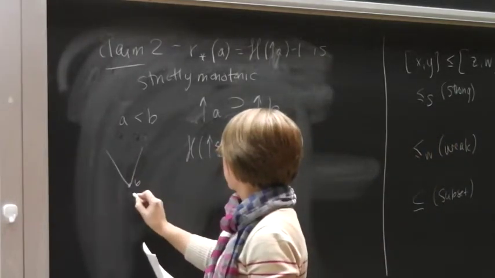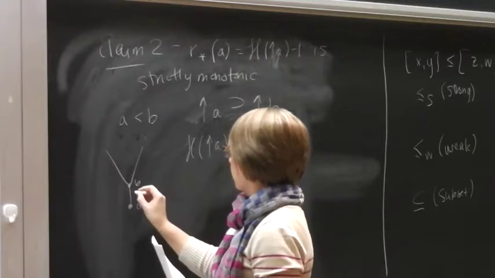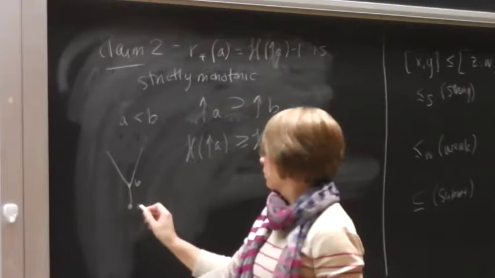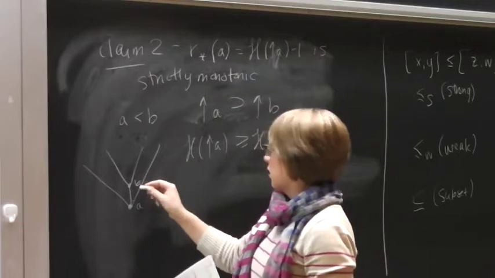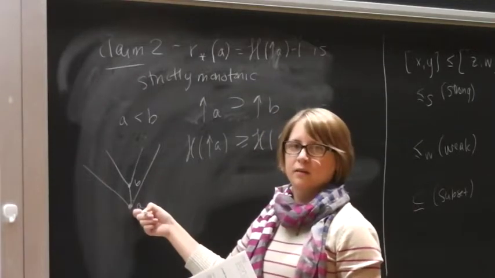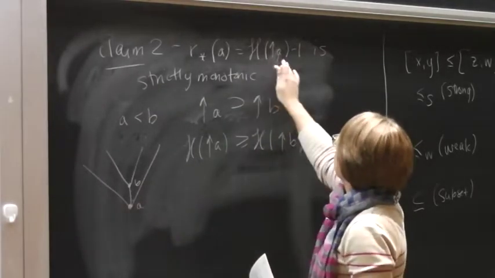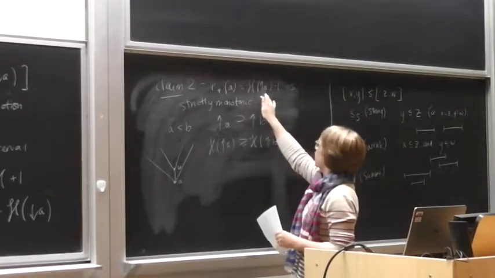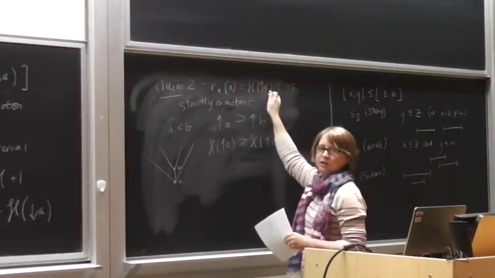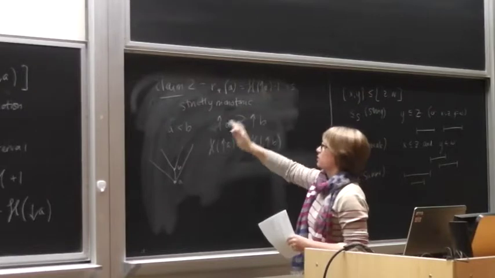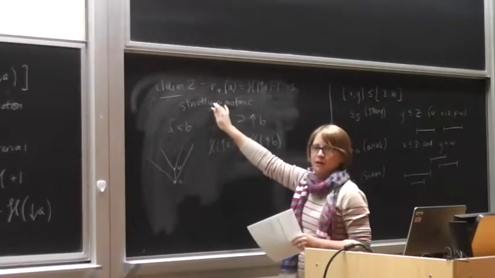So if this is B, and A is here, there may or may not be other things in between, but the height is going to increase by at least 1. And so I know that when I go down, it's going to increase by at least 1, and so this strict monotonicity is captured.